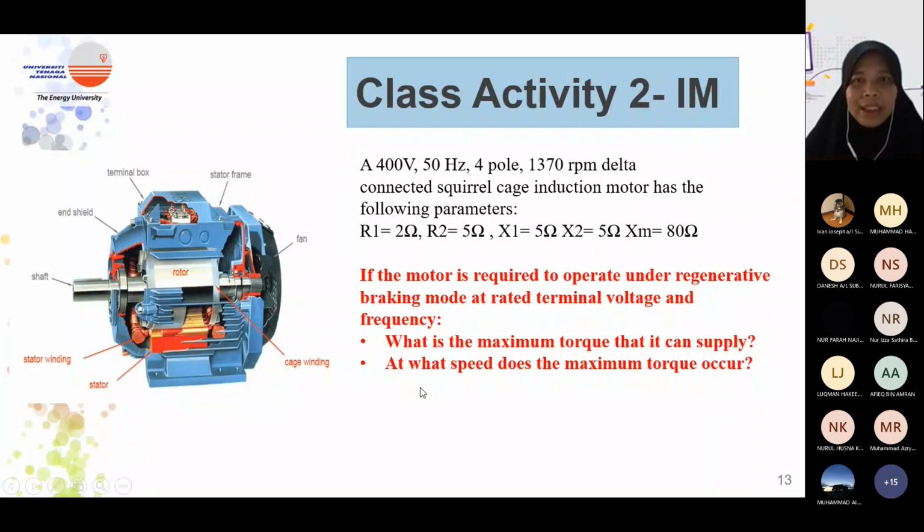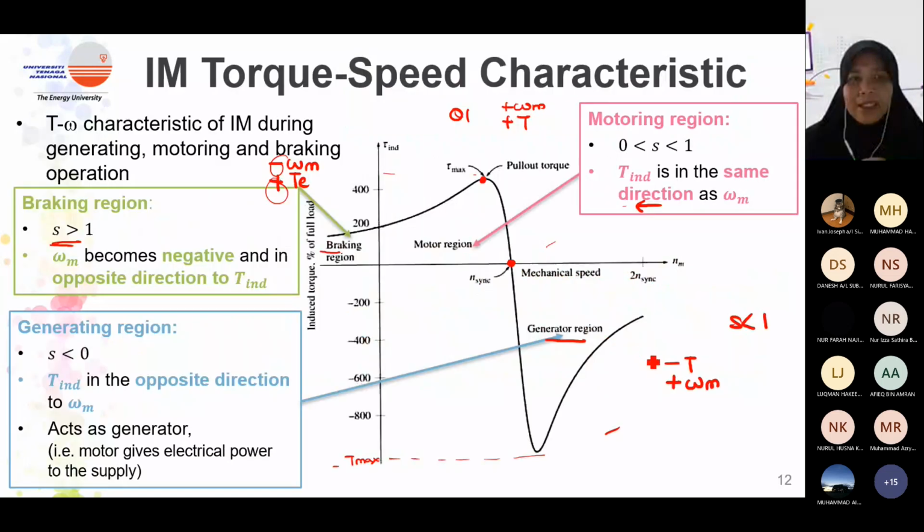Okay, regenerative braking mode. Braking means the torque and speed dia tak sama direction, and regenerative means here lah generator, it generate the supply. Okay, and braking means the torque and speed is not the same direction. So kat region, this region lah.